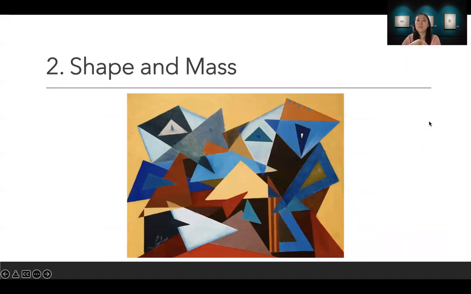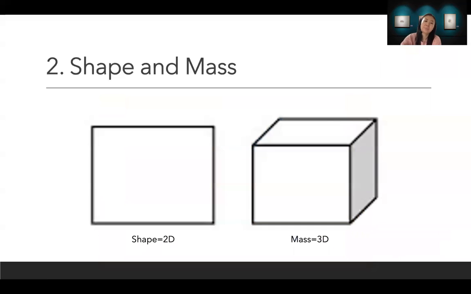And let's move on to the next visual element, shape and mass. So a shape is a 2-dimensional form and a mass is a 3-dimensional form. Like this. A shape consists of width and height.